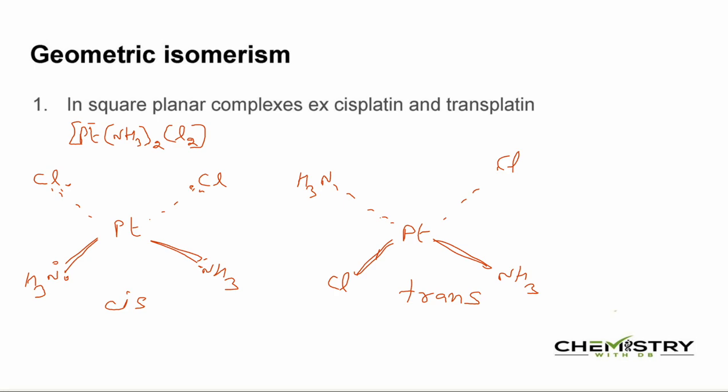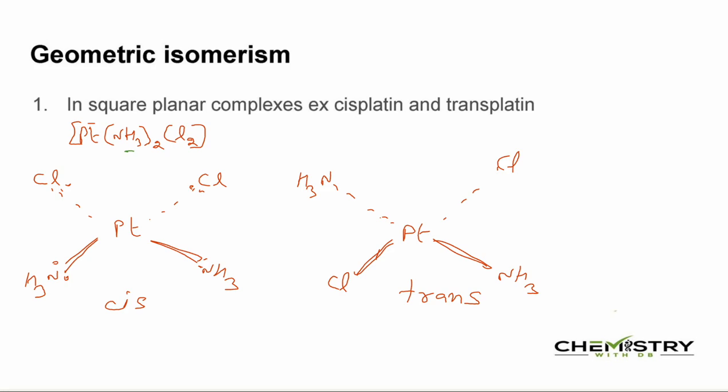In square planar complexes, cis-platin is a very important chemotherapy drug, and in this platinum has got two ammonia ligands and two chloride ligands.